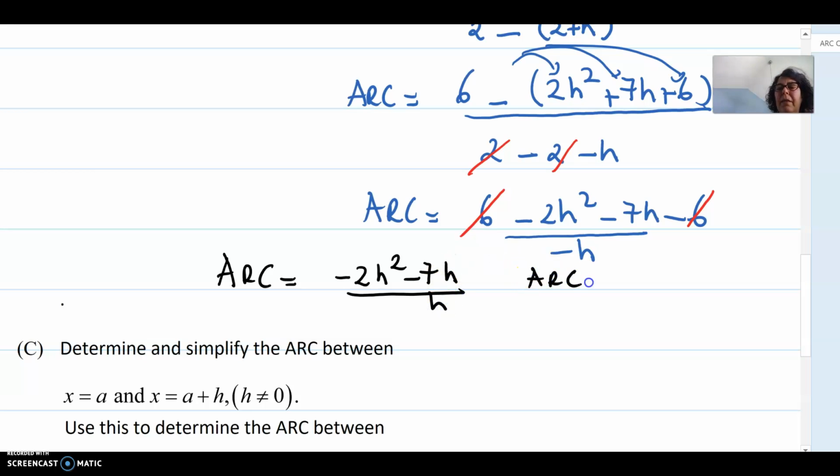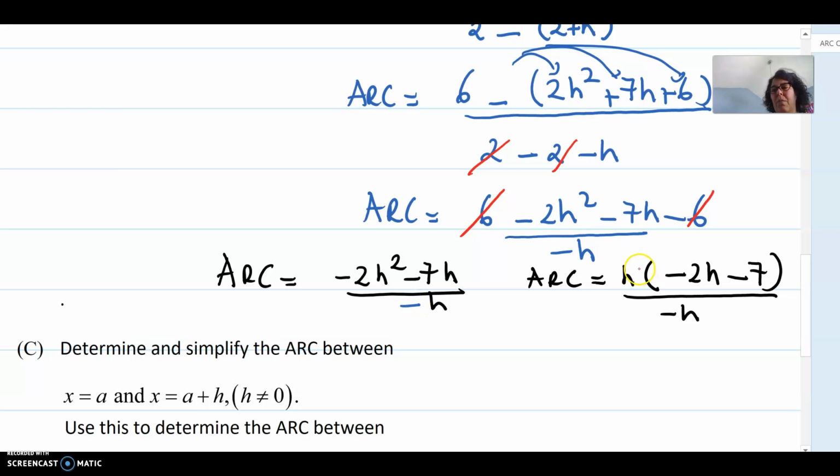At the bottom, we can take h out of the parentheses, and then we will have negative 2h and minus 7, all over negative h here. I forgot to bring that one out there.